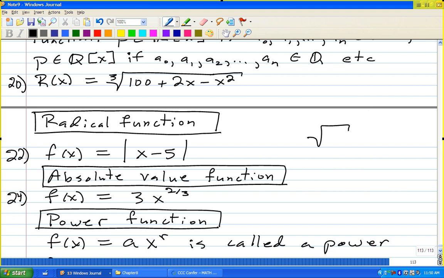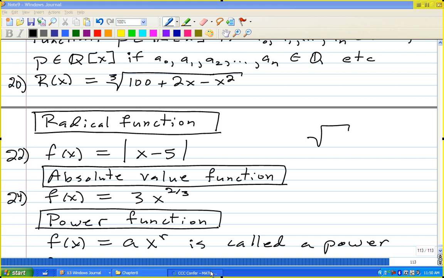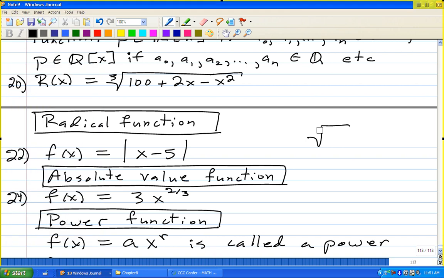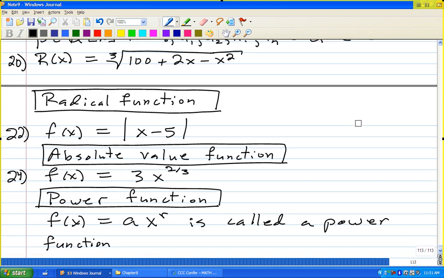So anything involving that is a radical. And so anytime we have this, we'll call it a radical function. Okay? So sometimes, instead of saying cube root or fourth root, we also call them radicals. Just another name for it.